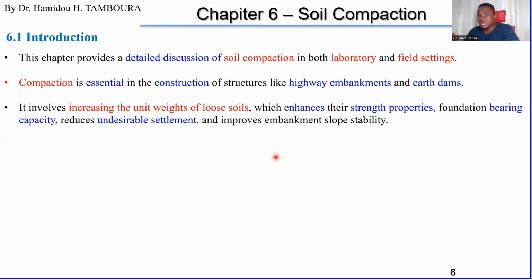For the specific case of slope embankment, it will help to improve the stability of the slope of the embankment. For example, road embankment or even earth dam embankment, it will help to reduce the instability or to increase the stability of the slope. So it's very important for this kind of structure.